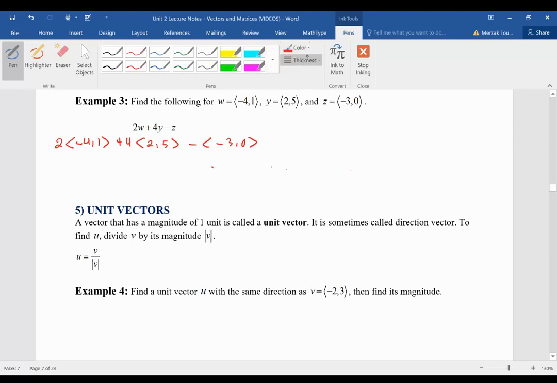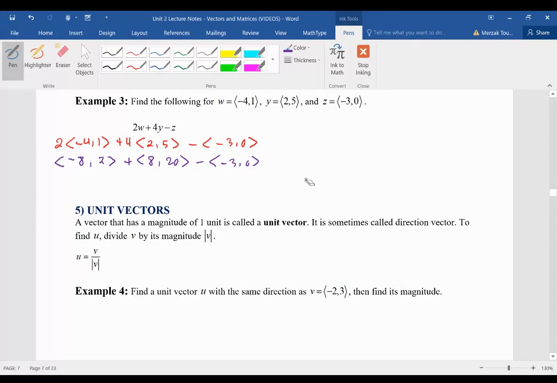Now, what we have to do is first distribute the 2. So this vector becomes negative 8, 2 times negative 4. 2 times 1 is 2, plus 4 times 2, 8. 4 times 5, 20. And then finally minus negative 3 comma 0. Okay.